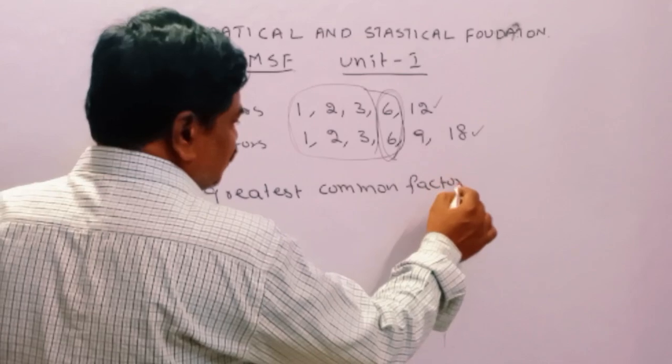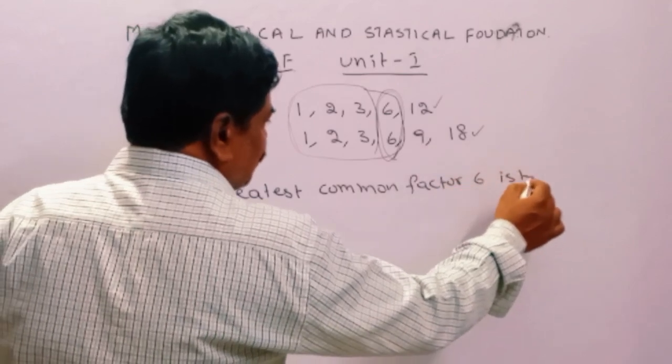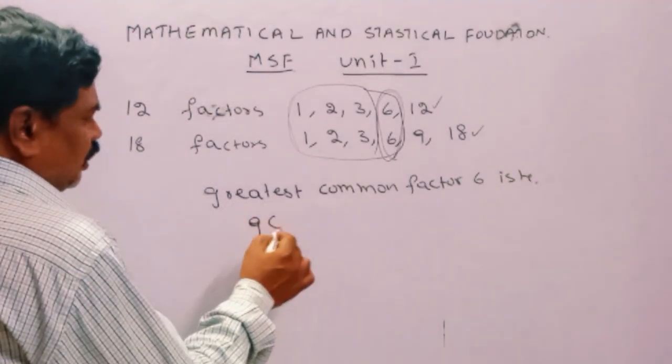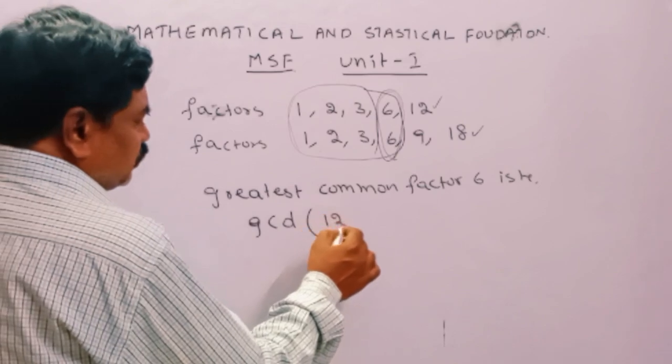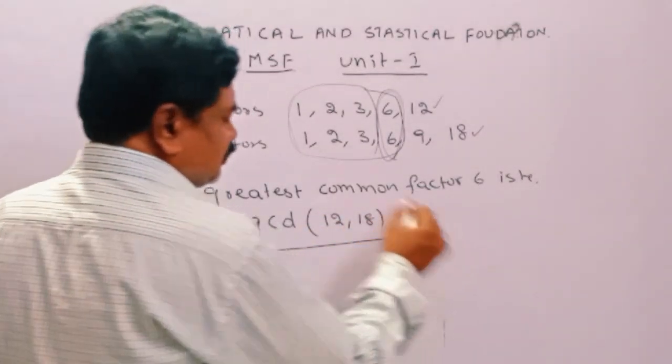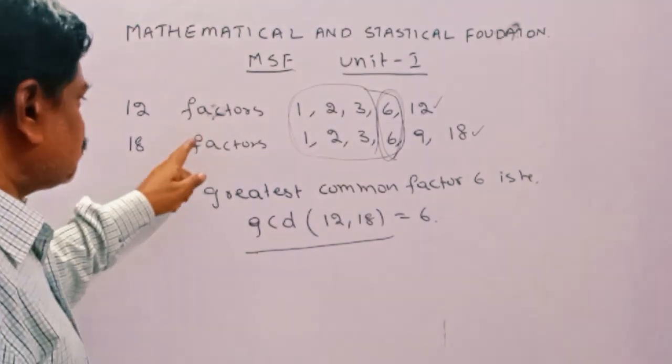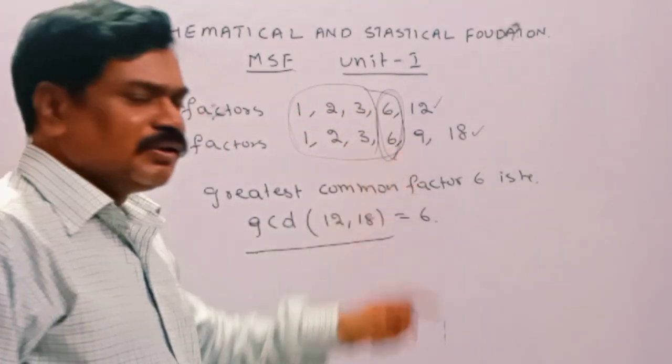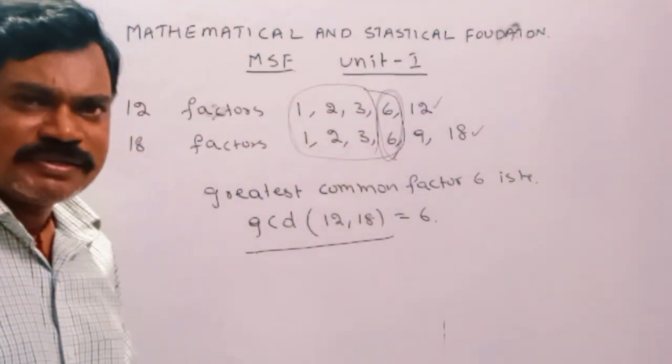The greatest common divisor of 12, 18 is equal to 6. So here 6 is the greatest common factor.